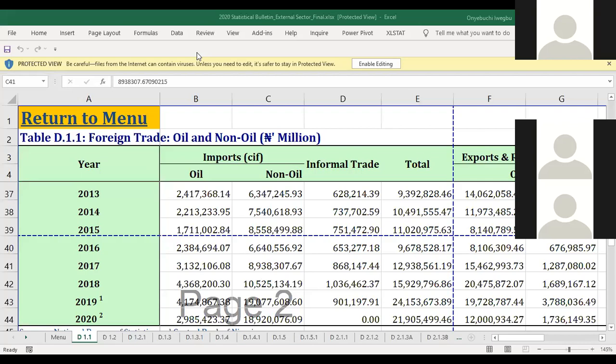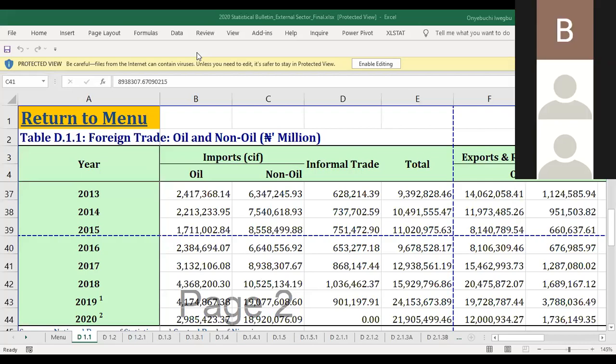Martins. Okay, so for me, if you look at the data from 2016, you see that the figures keep rising and rising. When you go to 2019, the next year, 2020, the figure reduced for the non-oil sector, and for the oil sector too. I think that should be attributed to COVID-19, whereby people had to sit at home and not engage in activities like movement from one place to the other, which reduced the consumption of crude oil.